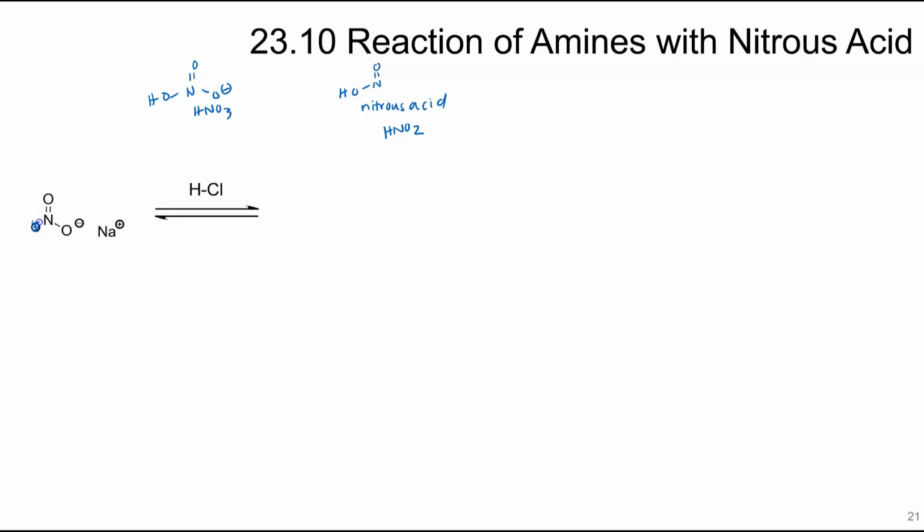There's no positive charge here, so remove that from your slides. So we have sodium nitrite. Once that reacts with HCl, that can give us NaCl plus nitrous acid, which can do a proton transfer.